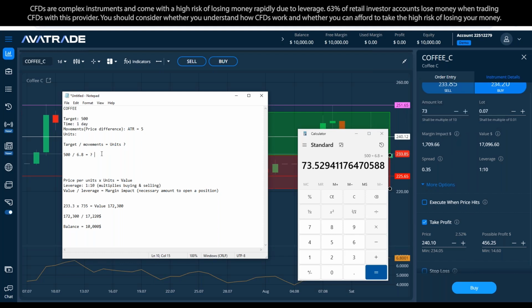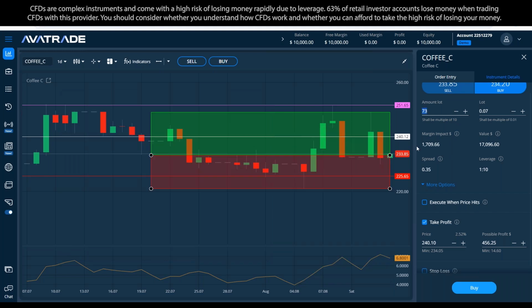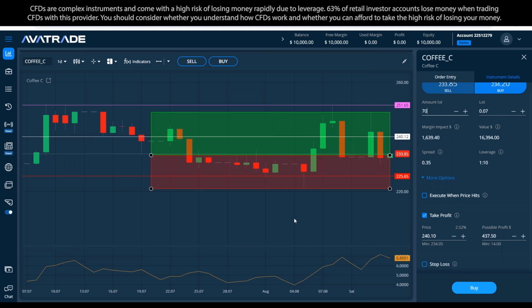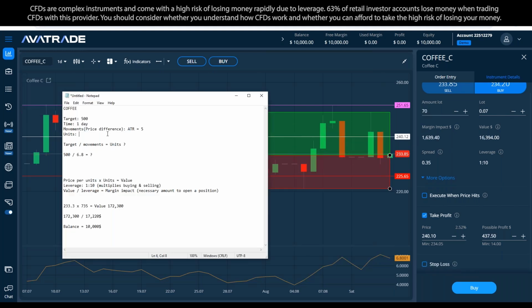All right, now as you can see, let me show it to you again. 500 divided by 6.8 is 73. 73 is not doable because the increments here are in 10. So I can either round it to 70 or round it to 80. Let's make it 70. Okay, and in here I'm going to put 70.